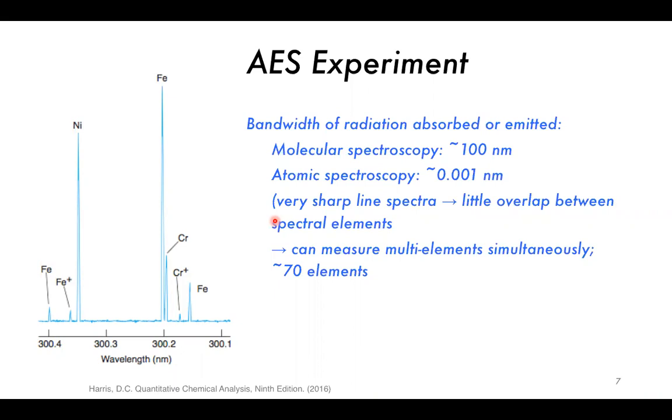And then we get our atomic spectroscopy emission lines, which are seen here on the left for like an iron, nickel, chromium sample. You can see here some of them are very close together, which is why it's important that we do have this very sharp line spectra, so that we can properly resolve the peaks. We have very good resolution just atomically, and so it really comes down to the quality of your monochromator as to whether or not we can resolve these properly.